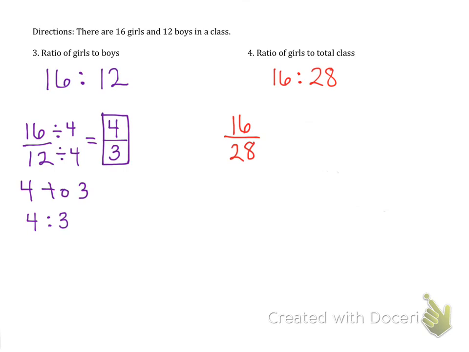You don't have to, but I like to write it as a fraction. And again, I could divide both the top and the bottom of the fraction by 4. So 16 divided by 4 is 4, and 28 divided by 4 is 7. So the ratio of girls to the total class is 4 to 7, and I can write it all 3 ways.